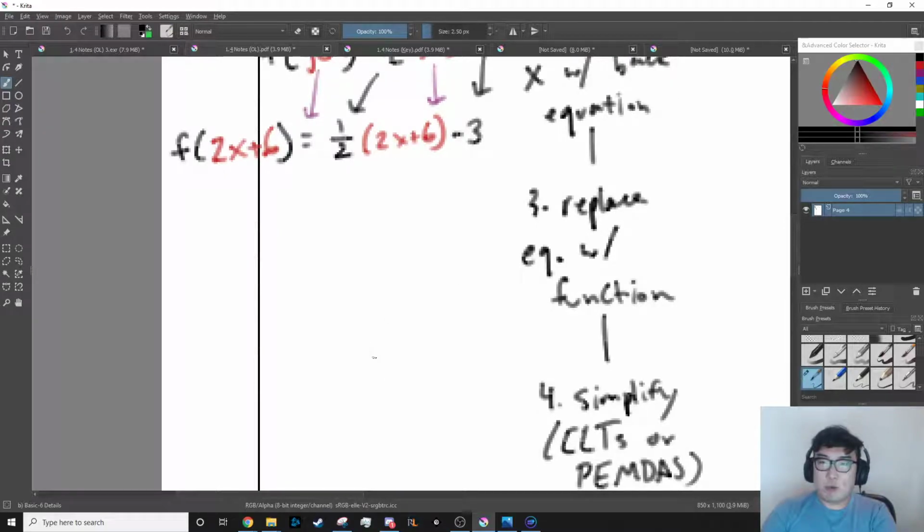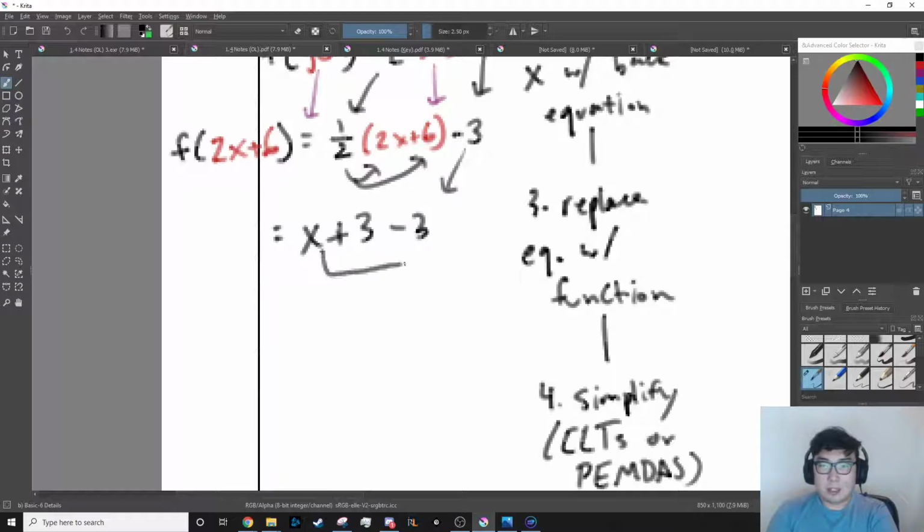So I know that my multiplication goes before my subtracting and addition, so I'm going to multiply this. And now I'm just going to write this all in black, because now my black is going to mesh with my red. So half of a 2x is an x, and half of 6 is a positive 3. And then this is just going to come back down.